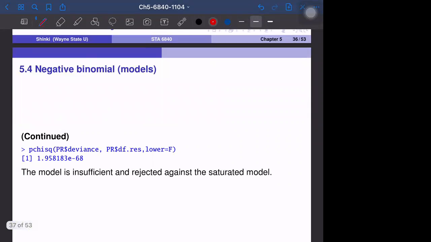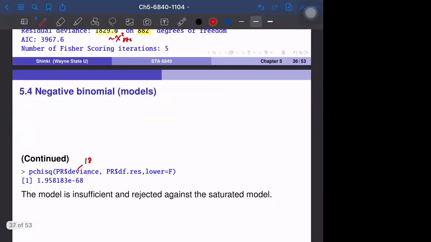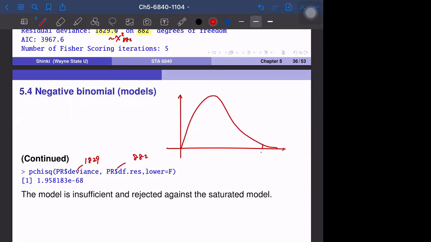If we test this, we have 1829 and degrees of freedom 882. If we draw the PDF of the distribution, 1829 is at the very right tail, almost the far right of the distribution.